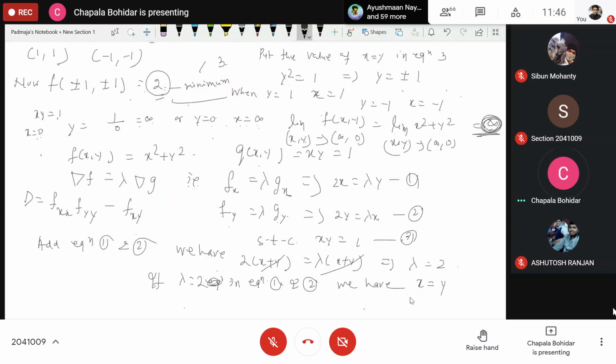My critical points are (1, 1) and (minus 1, minus 1). So now you see what type of value you are getting here. You must get only the minimum value. Check f_xx: what is f_x? f_x is equal to 2x, so f_xx is 2.